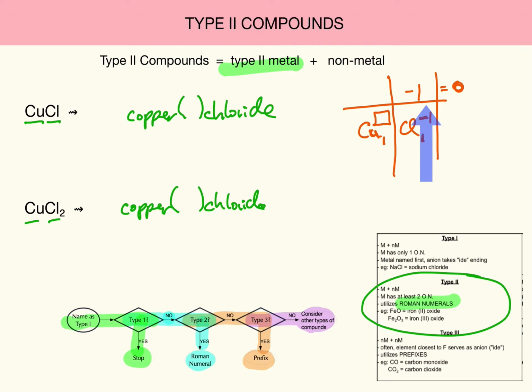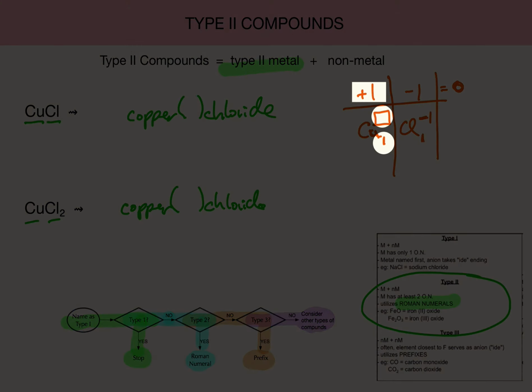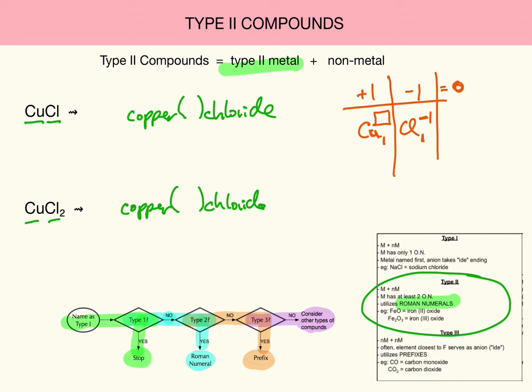So if my total negative charge is -1, what must my positive charge be? My total positive charge must be +1. So now what is my copper going to be? In other words, 1 times what equals 1? Hey, I know, 1. And so it is this number in the block that goes there. So this would be called copper(I) chloride.